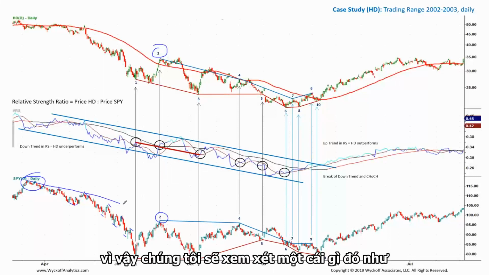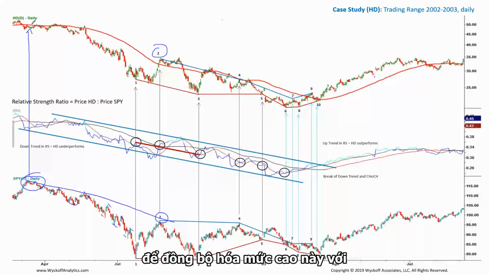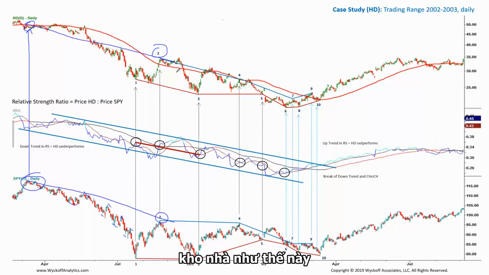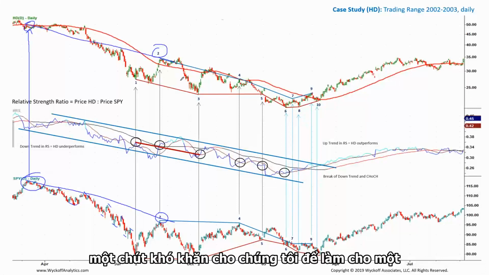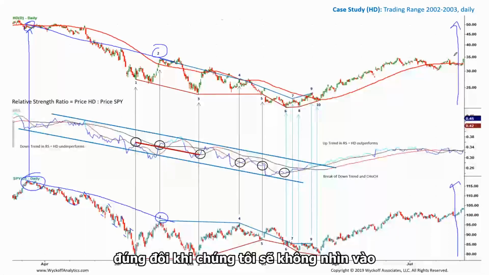So we would be looking at something like this for the market. We would be looking to synchronize this high with Home Depot, and we would be looking at a Home Depot like this. It is a little bit hard for us to make a judgment as to the slope, because think also about the scales. Sometimes we would not look at the ETFs.